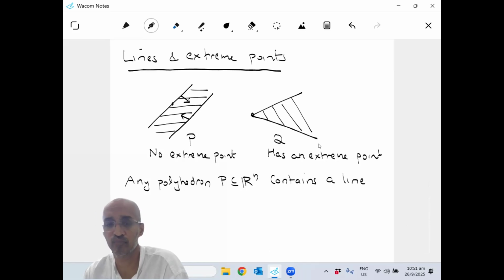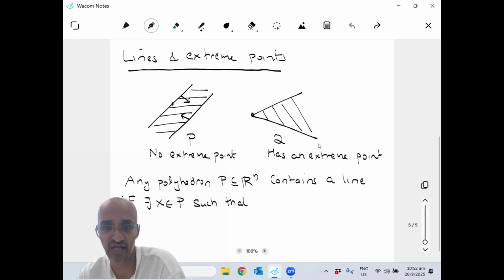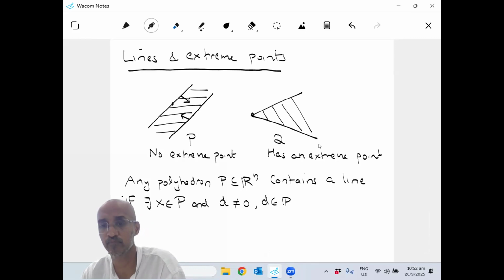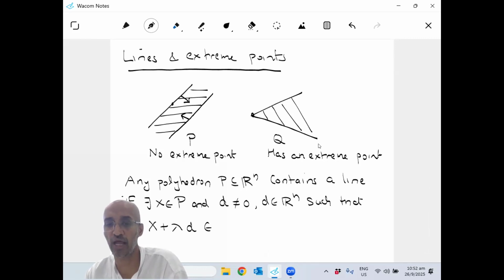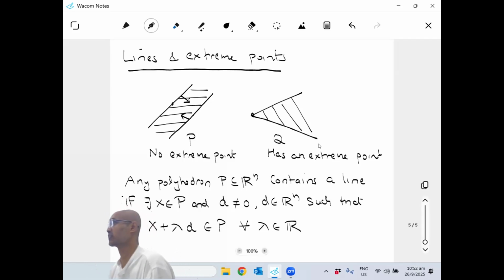A line is: if there exists a point x in P and a direction D, a non-zero vector D in Rn, such that x plus lambda D also lies in P for every lambda in R. So that's a definition of a line. And it's very intuitive.